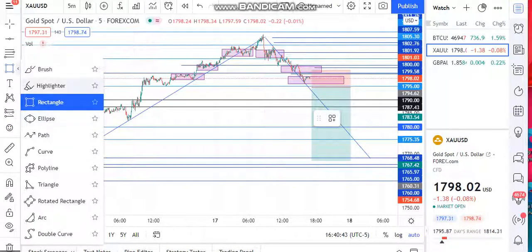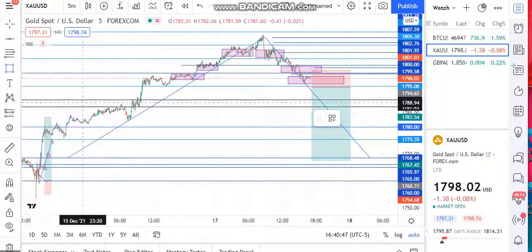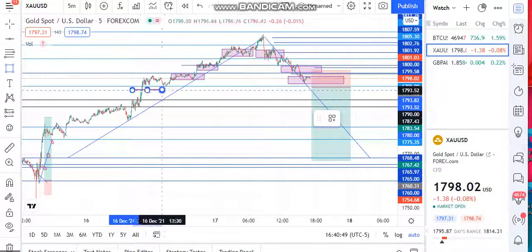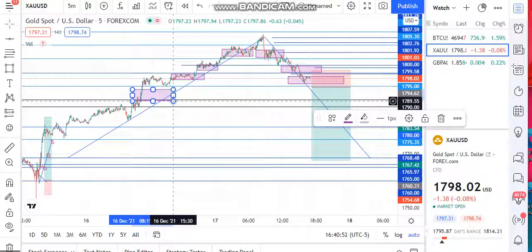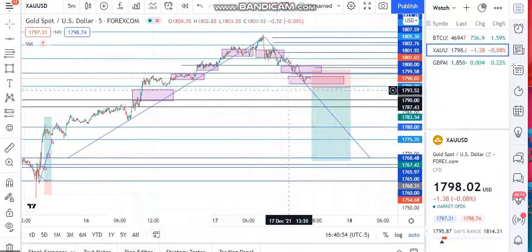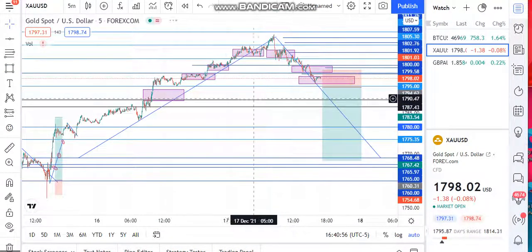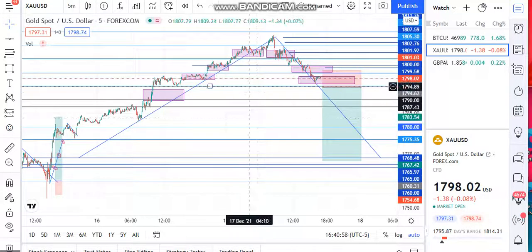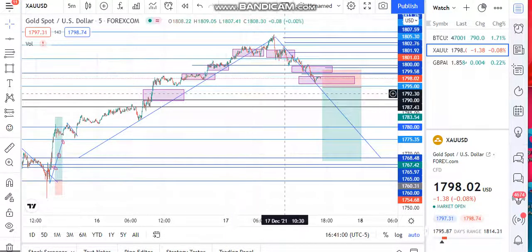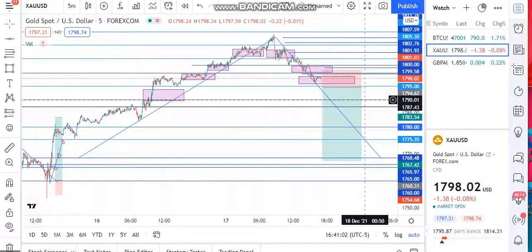You can just draw the pyramid trend and then play with it. Go to the rectangle and draw your zones that price should go to, around these areas. Price should drop down to this area, like 1790.